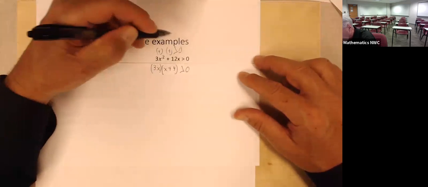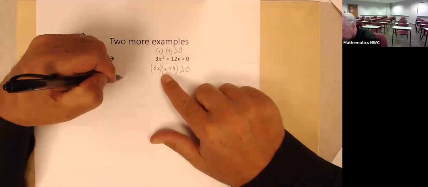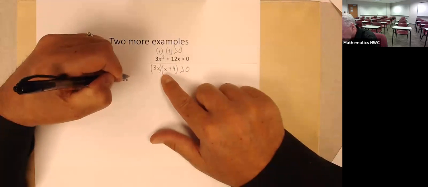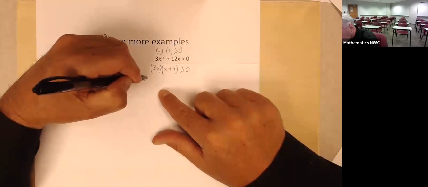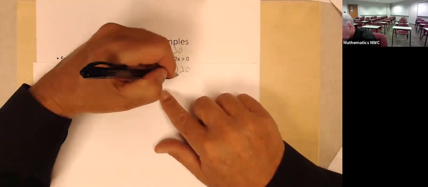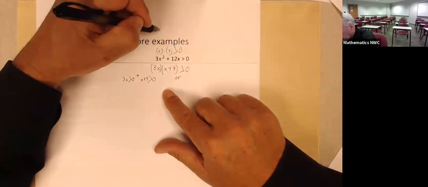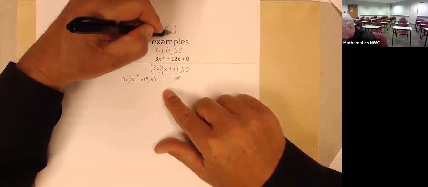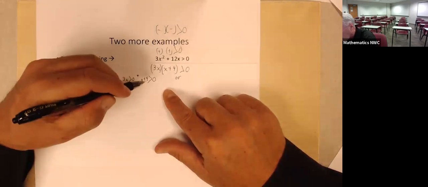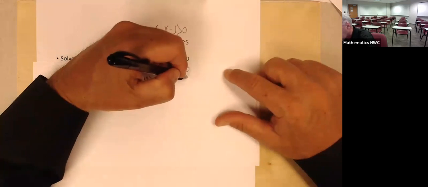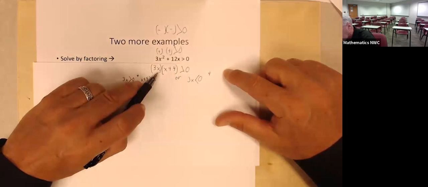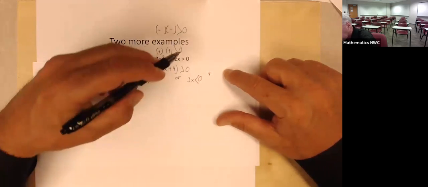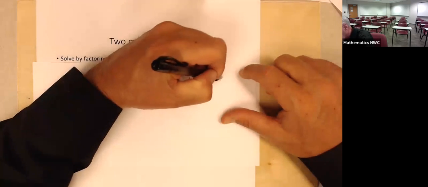That would make it greater than 0, so let's make both of them positive. 3x is greater than 0, and at the same time, x plus 4 is greater than 0. Or they could both be negatives, because two negatives multiplied would be greater than 0. So I take the 3x, make it less than 0, and at the same time, I take the x plus 4 and make it less than 0.